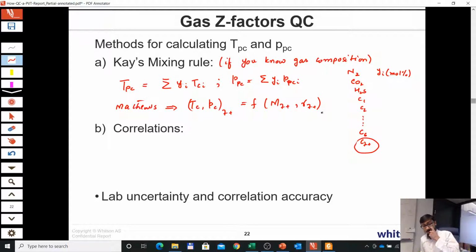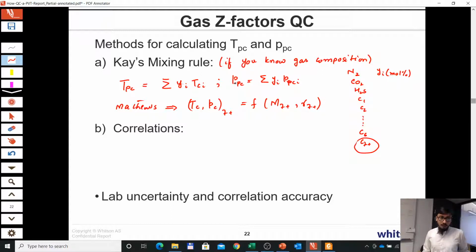The gas compositions that are reported in the PVT report generally have this information, the molecular weight and the gravity of the C7 plus fraction. So you can use those numbers to get the approximate value of the TC and PC of the C7 plus fraction. And once you have that, you can calculate the average TPC and the PPC of the entire mixture.